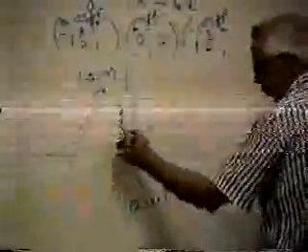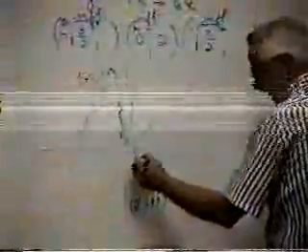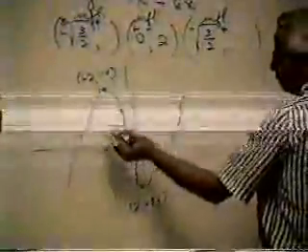Changes concavity from downward to upward. And then it changes concavity again. And then it changes one more time. And so that's the sketch. Here we have a maximum. Here we have a point of inflection, point of inflection, point of inflection, minimum, and that's the curve.